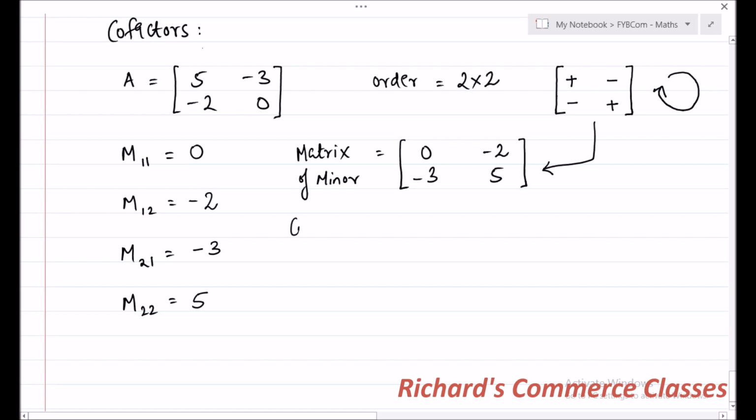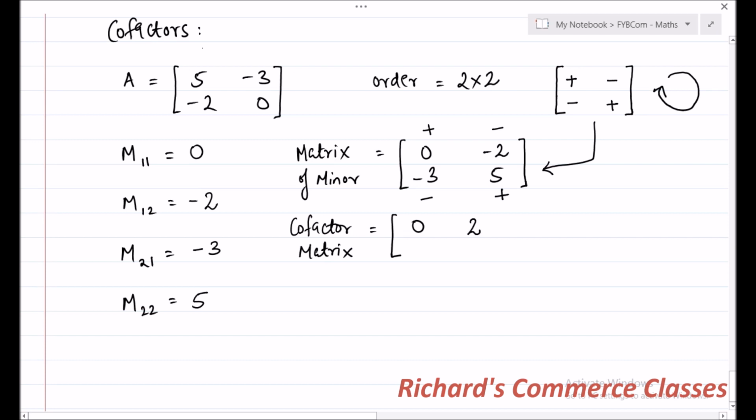So your cofactor matrix will look something like this. The sign to be assigned to the elements is plus, minus, plus, minus. So plus 0, we can write it as just 0. The next one is minus 2, but the sign is minus, so minus into minus will make it plus 2.